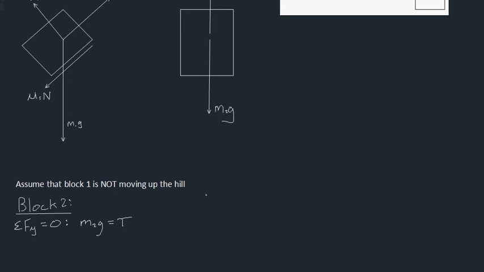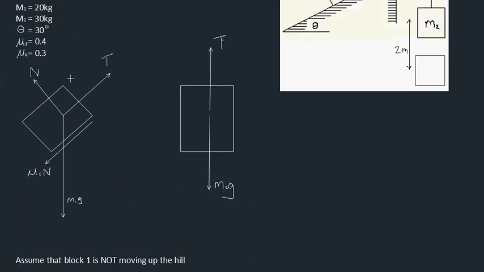What else is true under this assumption? Well, let's figure out what the equations relevant for block 1 are. And let me underline that. Alright, in order to do this, what we really need is another coordinate system. Let's define a coordinate system. Let's call this our tangential direction, and let's call this our normal direction, and then do the sum of forces in those directions.